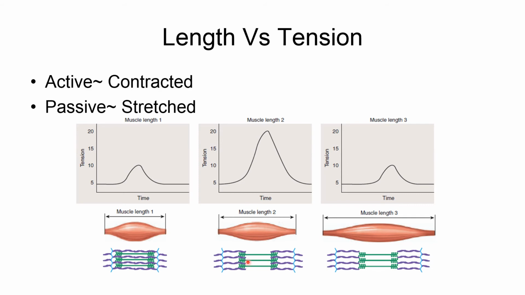But if they are stretched optimally, but not too much, then when stimulated they will produce a lot of force, sufficient to lift a weight or perform an activity. And if they stretch a lot, then again there will be less production of force, so they have to stretch optimally.